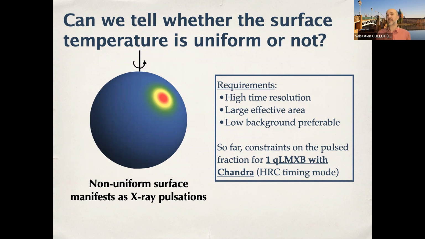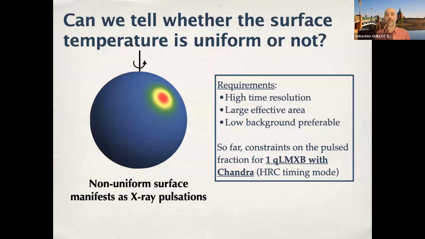XMM could do this, but the angular resolution of XMM is not great for globular clusters, and when you use the timing mode in XMM, you lose your imaging capabilities. And the last one is NICER, which is great: large collecting area, amazing time resolution, but the background is high and you have zero imaging.